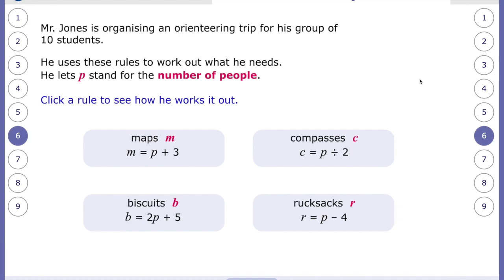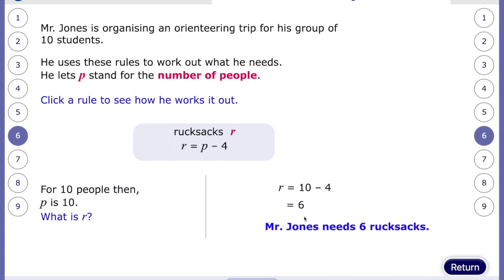For biscuits, he's going to do 2 times the number of people plus 5. And for rucksacks, it's the number of people, subtract 4. So if we look at the rucksack example, for 10 people, P is 10, what is R? R equals 10 subtract 4, which equals 6. Fairly straightforward stuff.